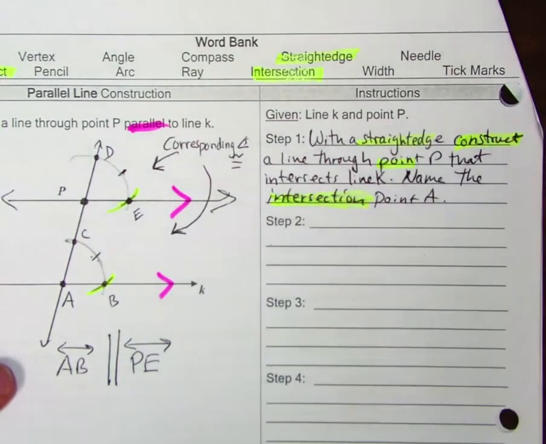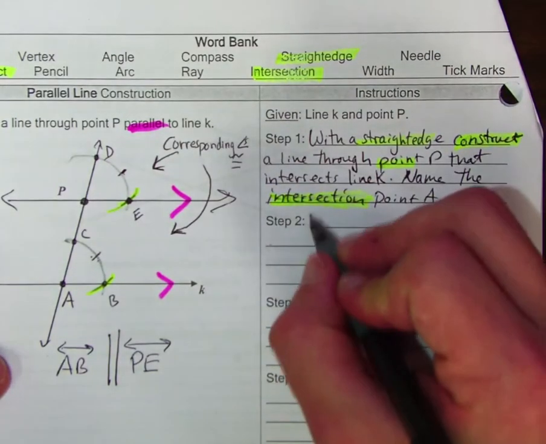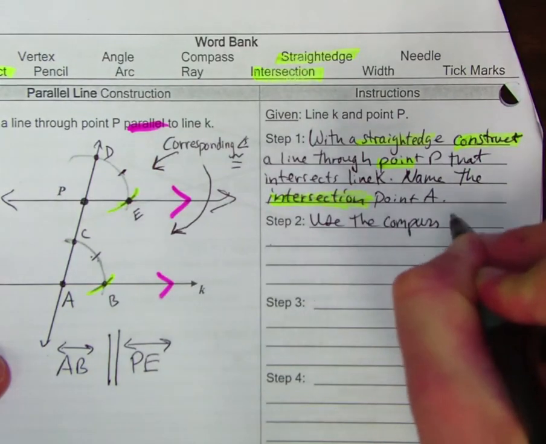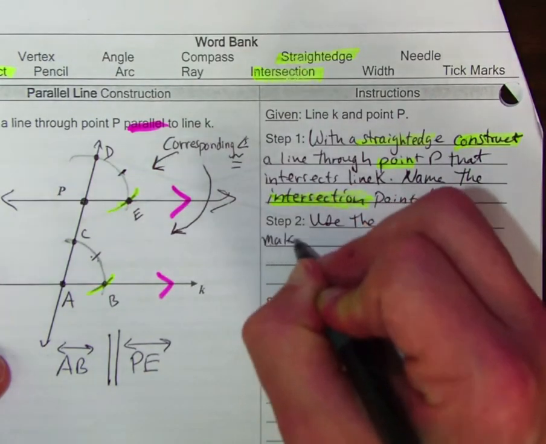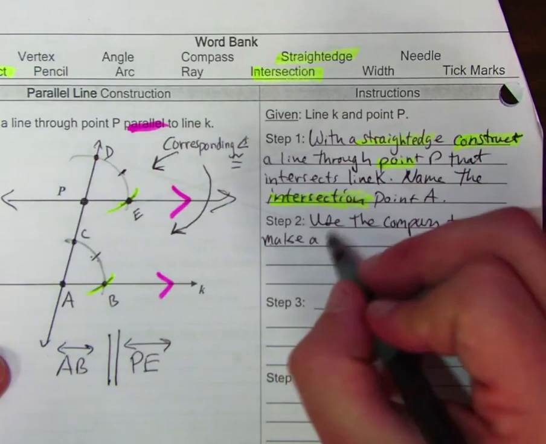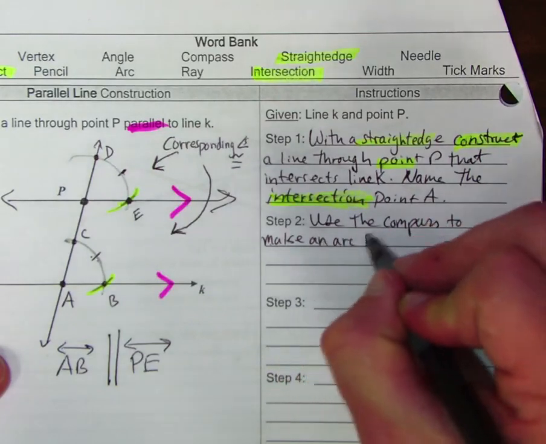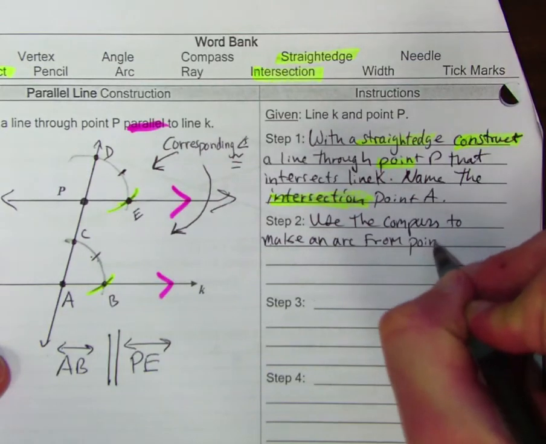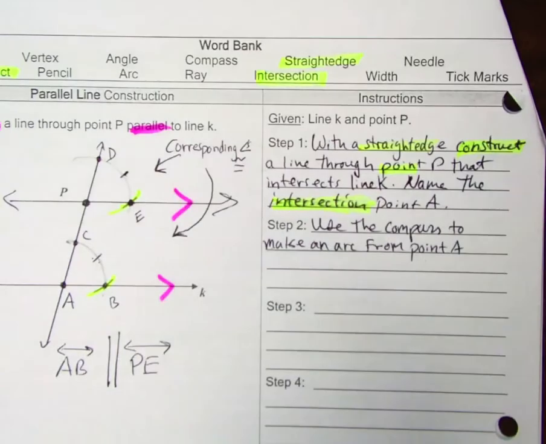And so step 2 now, we're going to use the compass. From point A. That's what we did here.